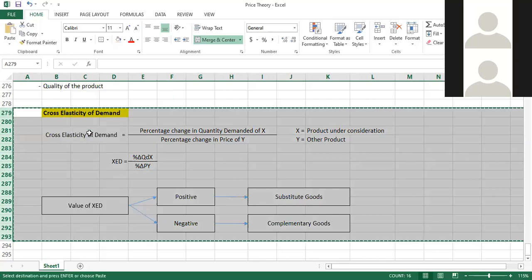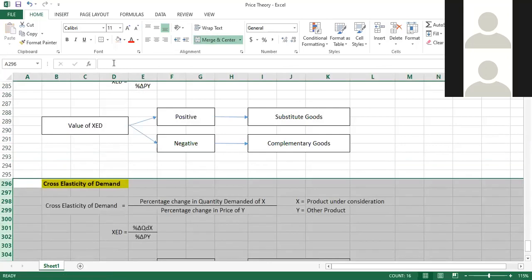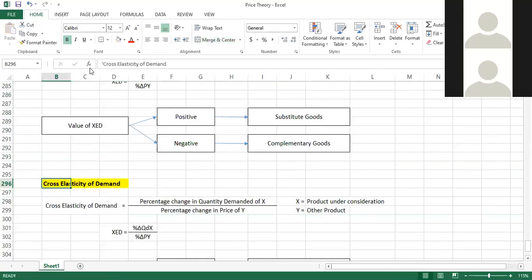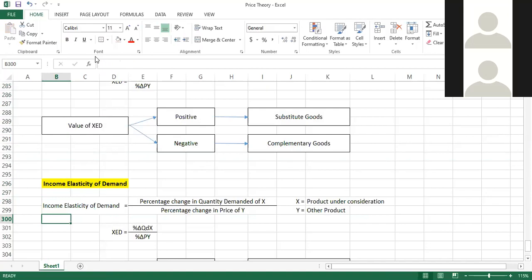So income elasticity of demand also we can very easily analyze. You already know the meaning of income elasticity of demand. Income elasticity of demand means what? When we analyze the price elasticity of demand, it is very easy to discuss other elasticities.